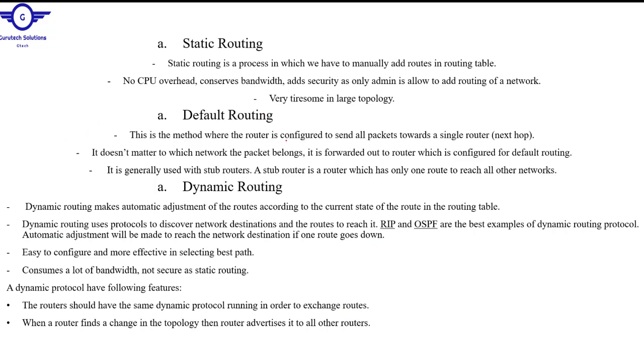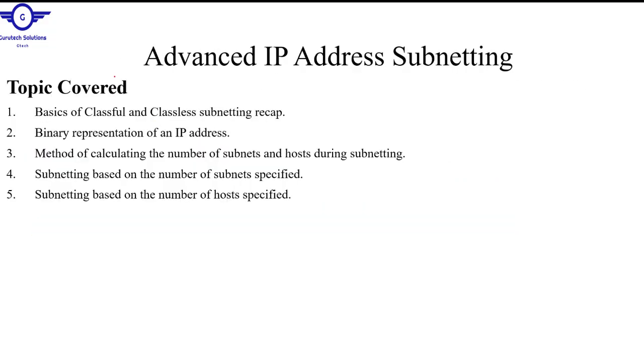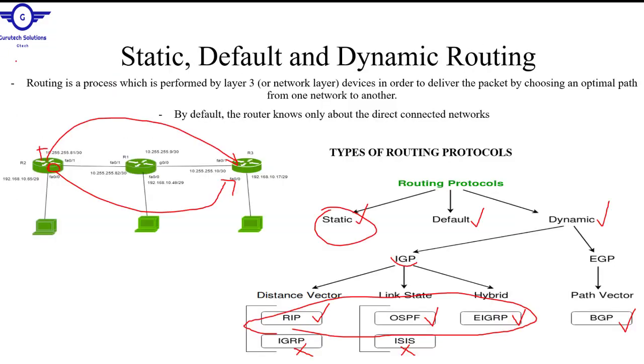Default routing is a method where the router is configured to send all traffic towards a single router. It doesn't matter which network the packet belongs to, it is forwarded out of the router which is configured for default routing. It's generally used with stub routers, and a stub router has one or more routes to all other networks. For example, for a default route, let's say this router here was connected to another router which is the ISP router.